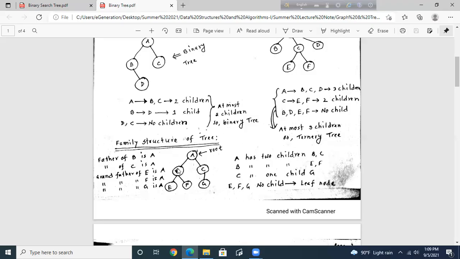Now the grandfather of E is A, the grandfather of F is A, and the grandfather of G is A.